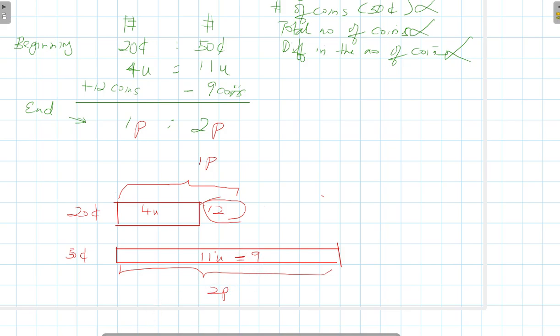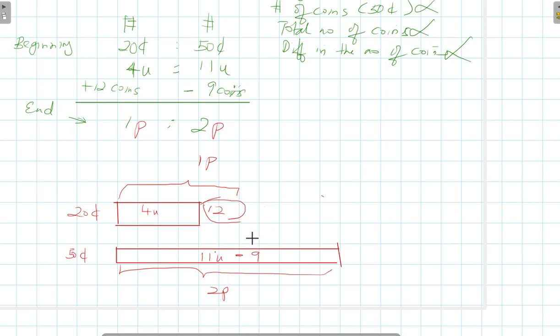So I told you before, if I have two unknowns, I want to make one of them the same. I either make these 4 units the same as 11 units, or I make these parts the same. To make it easier, because if I want to make the 4 units and the 11 units the same, here I must times 11, and here I must times 4, and then the 12 must also be multiplied.